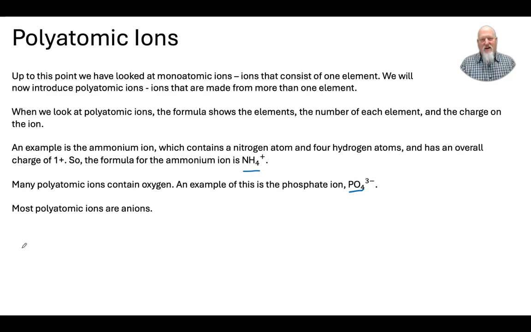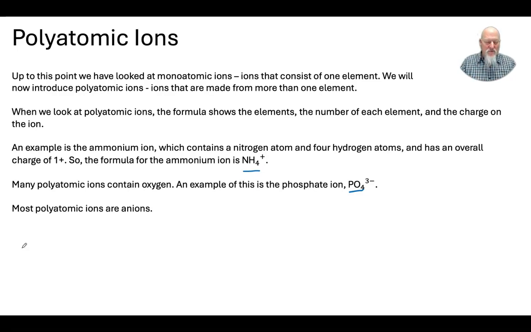The phosphate ion and its siblings, hydrogen phosphate and dihydrogen phosphate. PO43- is a phosphorus with 4 oxygens bonded to it that now has gained 3 electrons. So that whole system has gained 3 electrons, and that whole system together as a unit is an anion.